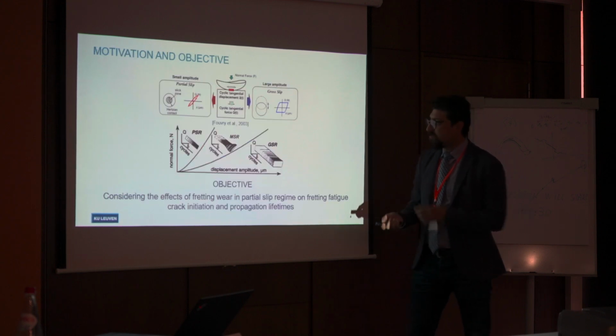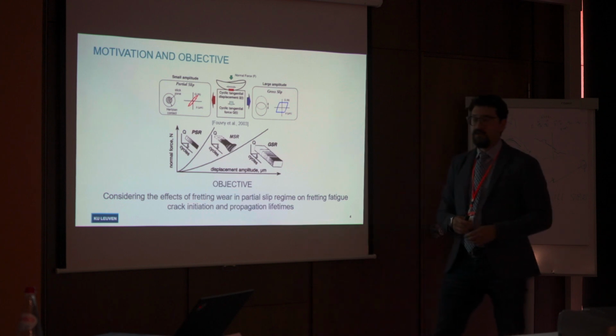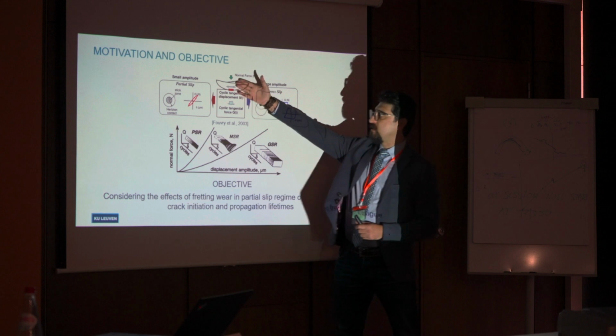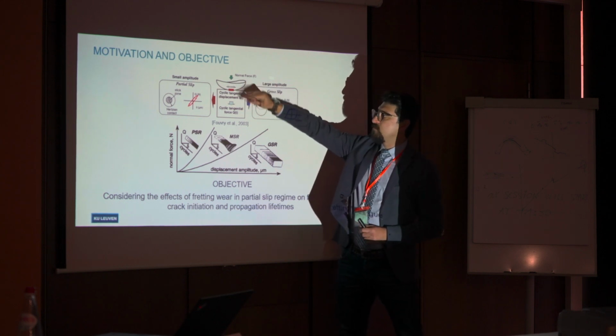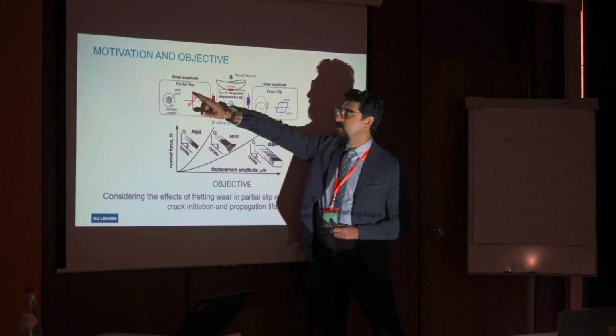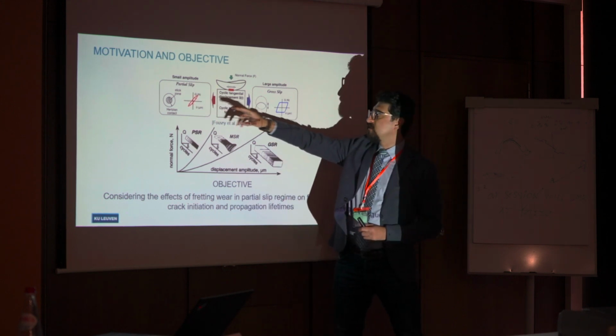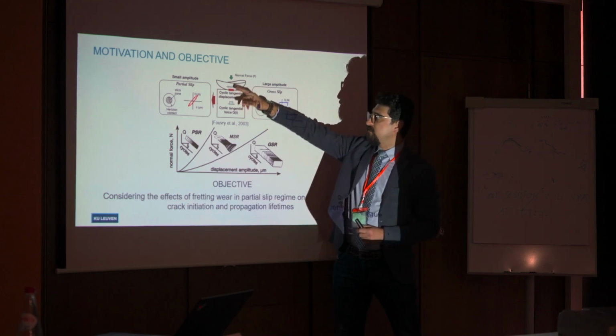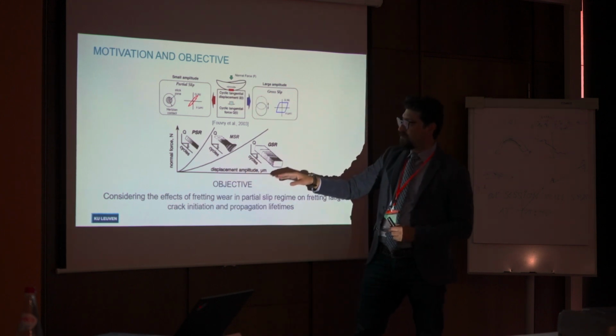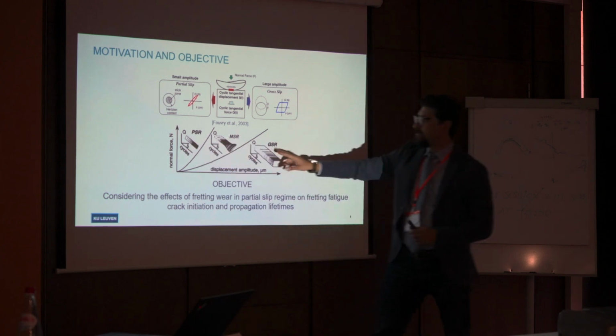So what are the objectives of this work of my PhD student? As I said, if we have two contact bodies with a normal load, and a relative displacement between them, then we have a partial slip condition, in which we have stick and slip, and we have gross slide. If we vary the normal load and the displacement amplitude, then we have three different regimes.